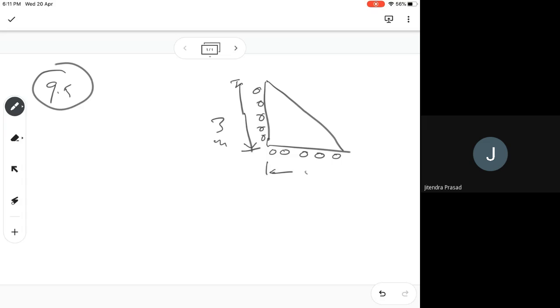This is also 3 meter. There are forces perpendicular to that, which is 15 Newton per meter square. And given this is x, this is y.